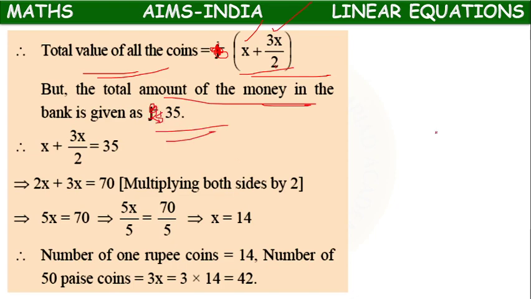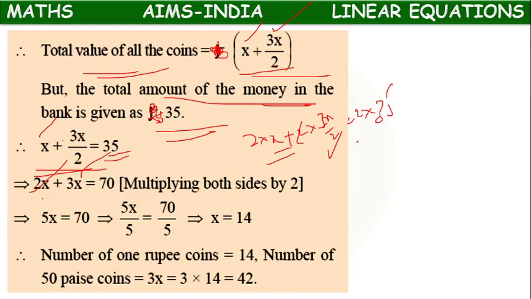So x plus 3x by 2 equals 35. Let's multiply all the terms with 2. 2 into x, 2x, 2 into 3x by 2, 3x, and 2 into 35, 70. We have got 5x equals 70. On dividing by 5, x equals 14.